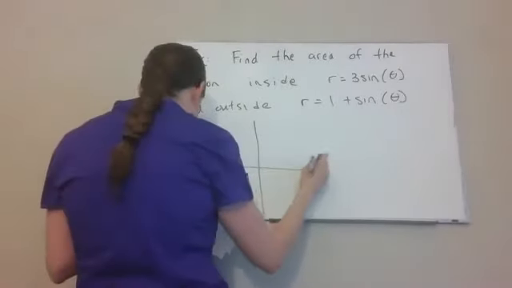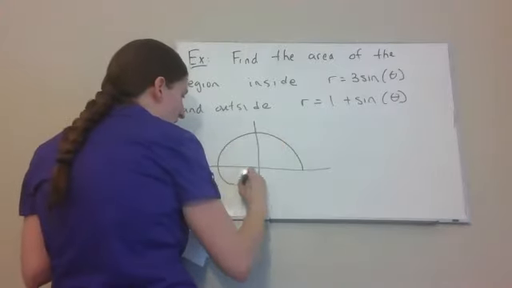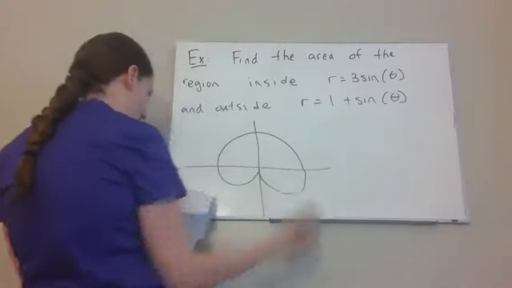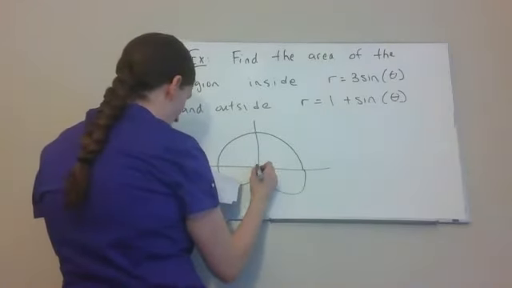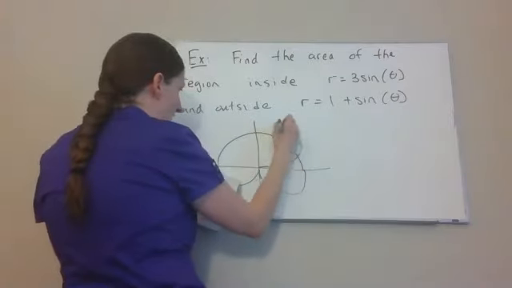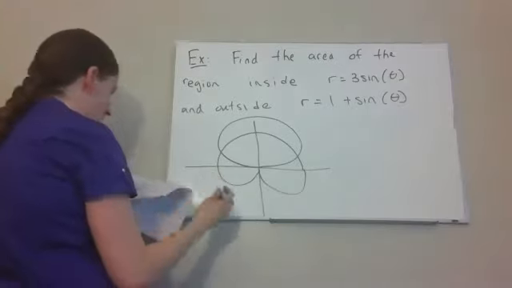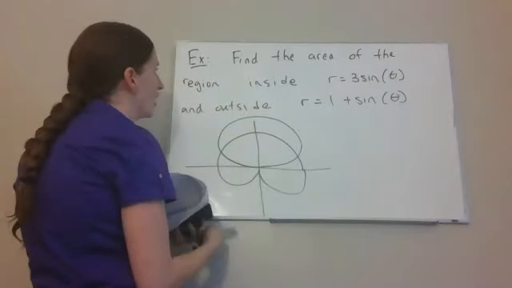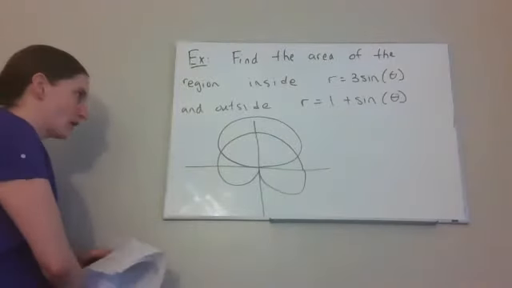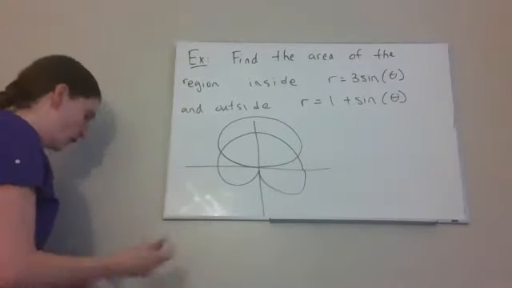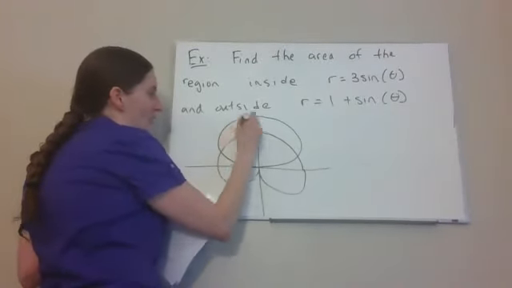So if I were to graph what this looks like, my cardioid looked something like that, and then my circle ends up being similar to that. So the area that we're talking about, it says inside the circle and outside the cardioid. So we're talking about this area up here.